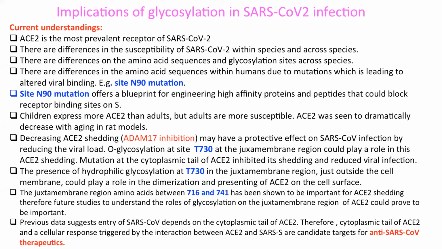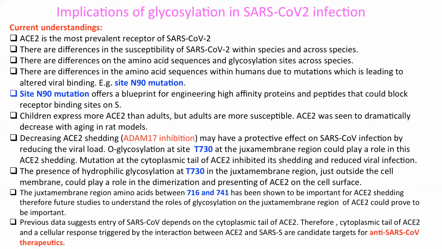Another interesting observation has been the shedding of ACE2. What is the shedding of ACE2? Basically what happens is the ACE2 is cleaved and produces a shorter version of the ACE2.